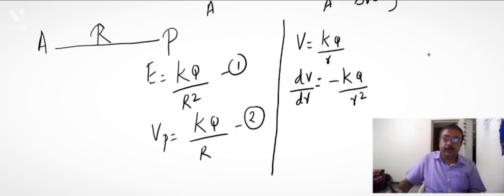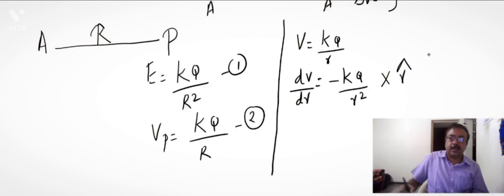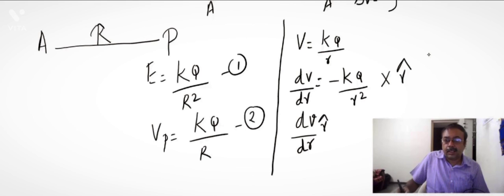Now mind you, electric potential is always a scalar quantity, so we need to make this a vector. If you multiply both LHS and RHS by r cap, which is perfectly legal to do, you will have dV by dr times r cap equal to minus kq by r square times r cap.